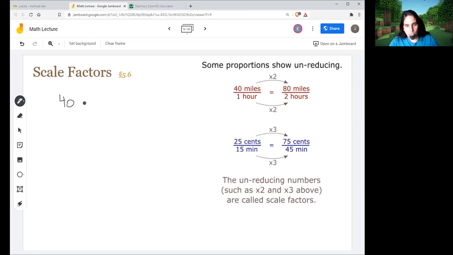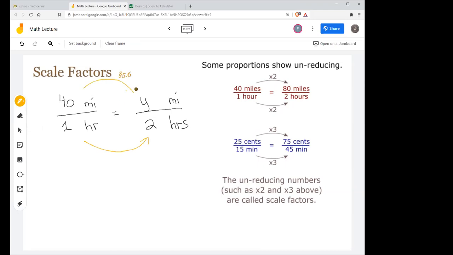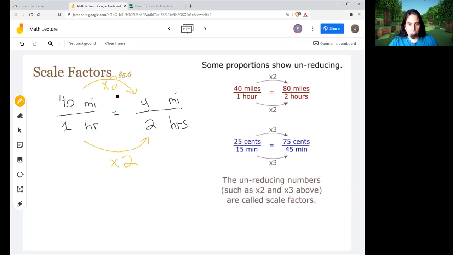If someone gives you a problem, 40 miles in 1 hour is how many miles in 2 hours, you can say, I'm going to do it like this kind of shape. This is a times 2. So this also has to be a times 2. And 40 times 2 is 80.